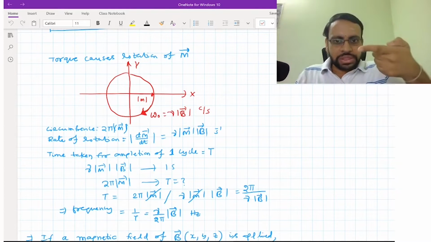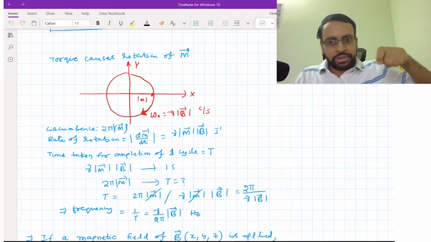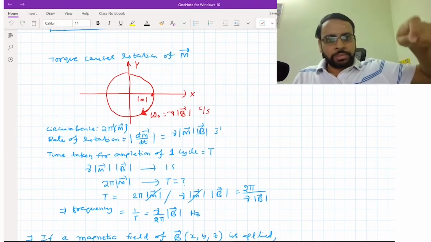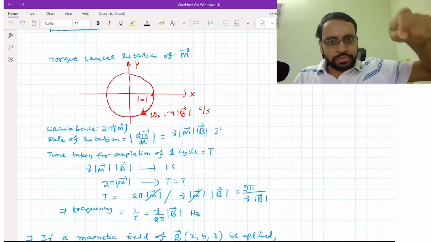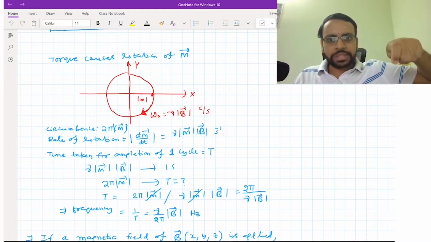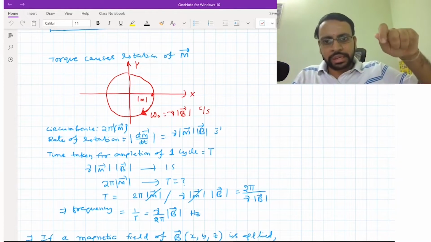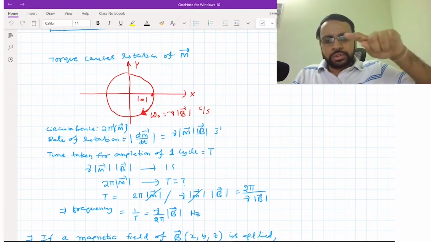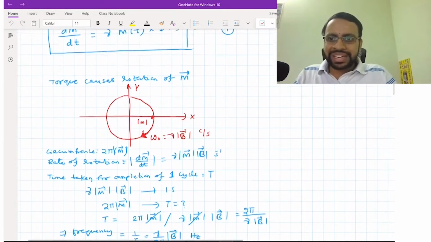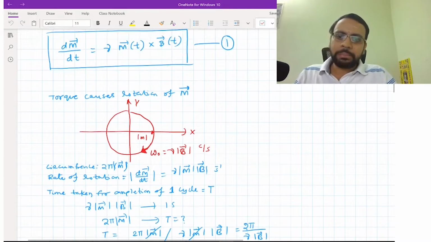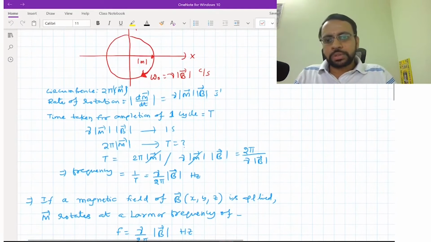It's of length M bar, so it's going to rotate over a length of 2 pi M. That's the circumference, because it's rotating with the same length, we are assuming. And then what else do you know? The rate at which it is rotating, dM bar by dt, you know it, per second.